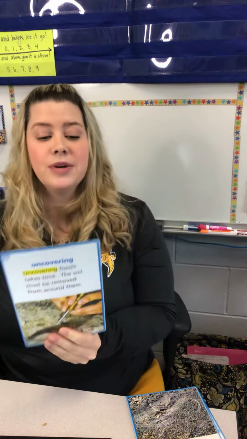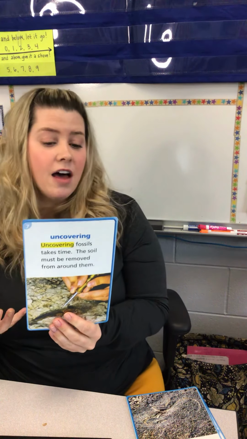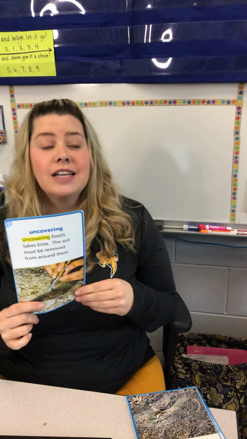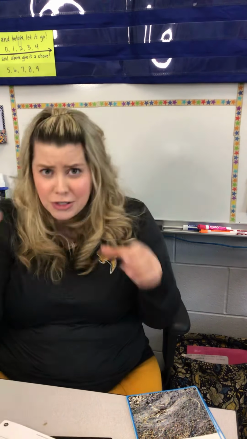All right, our next word is uncovering. Uncovering just means taking the cover off, digging something, or revealing something that is hidden, okay? So a lot of times when I go in the morning, I can't even see my daughter because she's got all of her blankets on top of her. So I have to uncover her, which means I have to take all the blankets off and reveal what is hidden. She's usually hidden down in her bed.